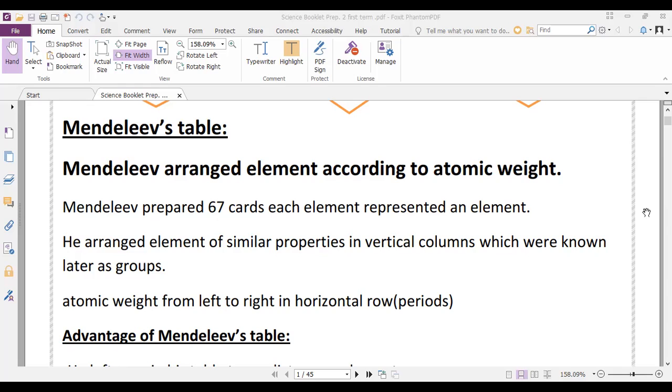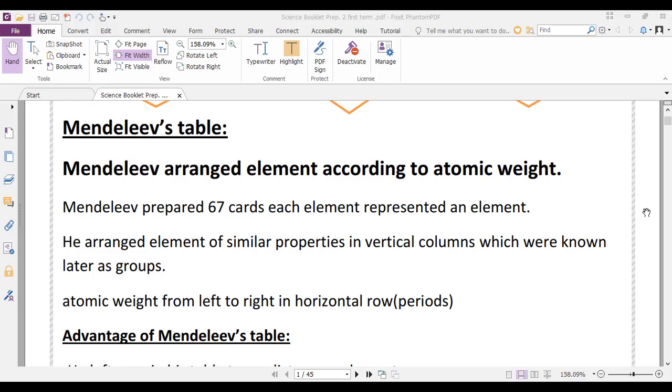So it's the main idea. The main idea by which Mendeleev arranged the elements in the table is what? Mendeleev arranged the elements according to their atomic weight. Mendeleev prepared 67 cards, each representing an element.